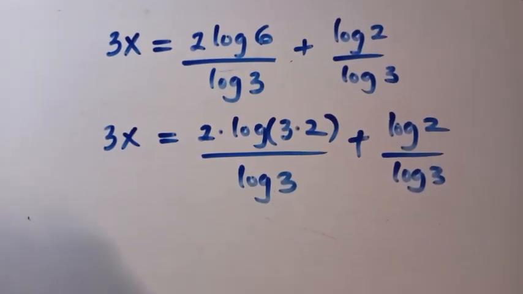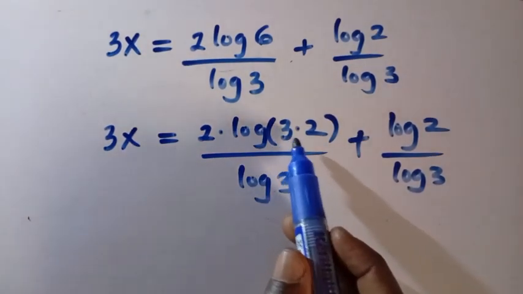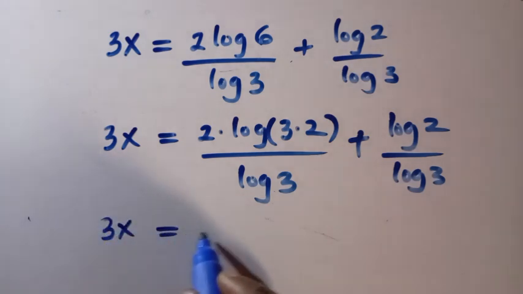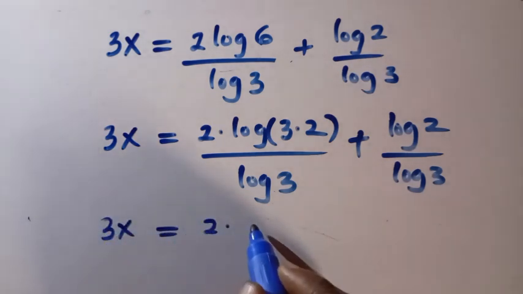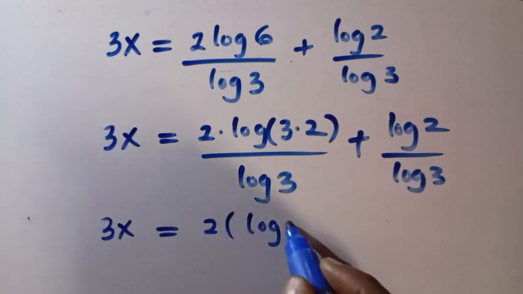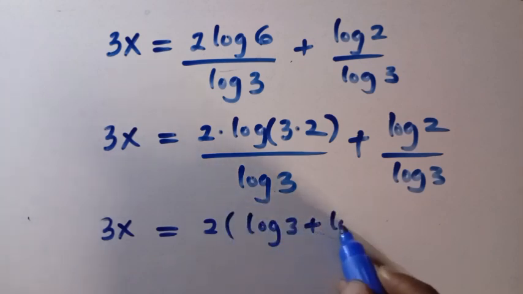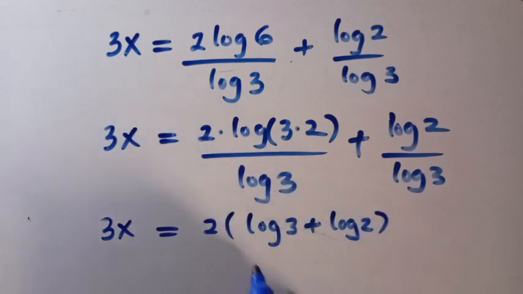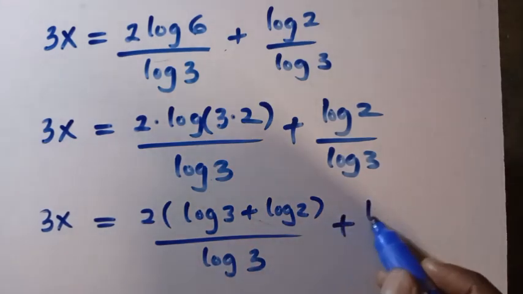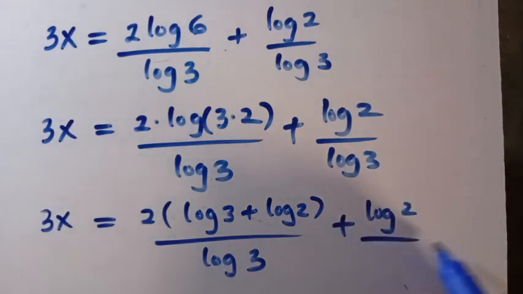And by applying the rule above, 6 is 3 times 2, which we can separate. So we have 3x equals 2 multiplied by (log 3 plus log 2) divided by log 3, plus log 2 divided by log 3.